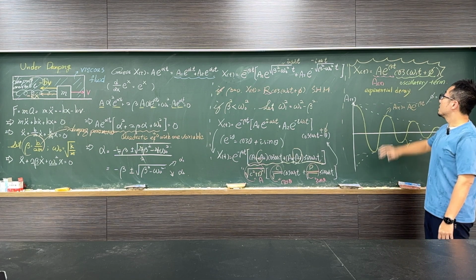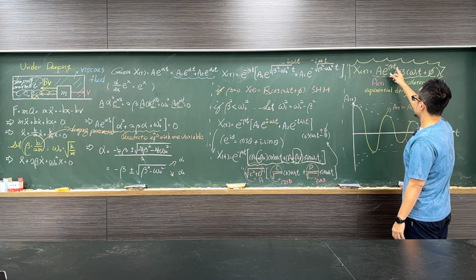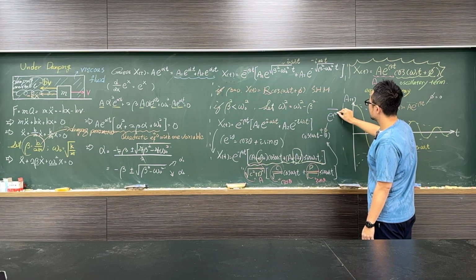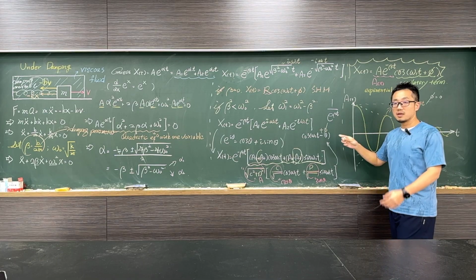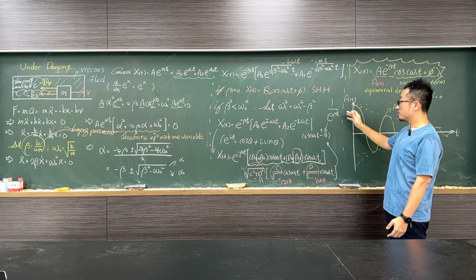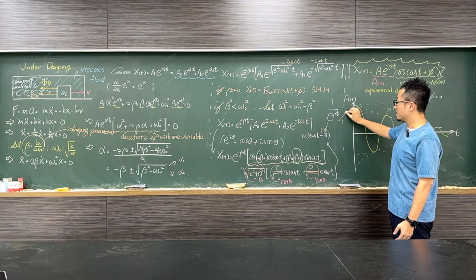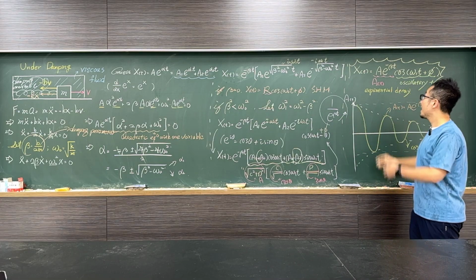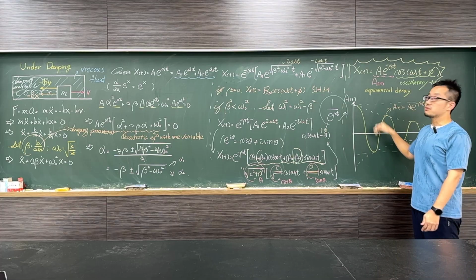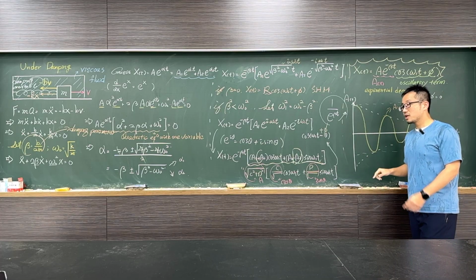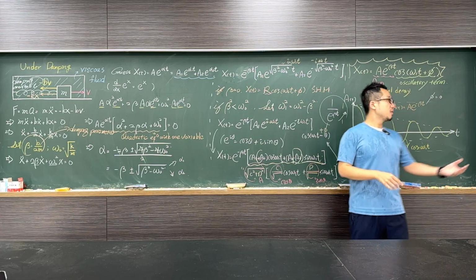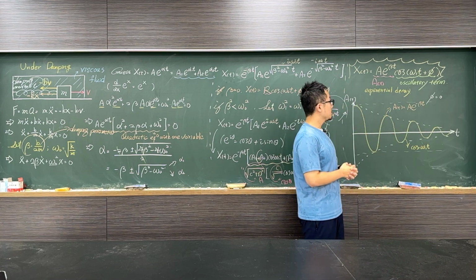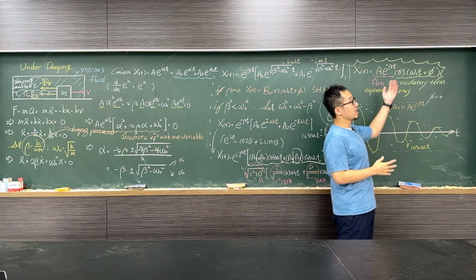As you can see, e to the minus beta t is 1 divided by e to the power of beta t. So as time goes by, the term in the denominator is enhancing, which causes the whole term to decrease. So your amplitude is definitely decreasing as time goes by. If you move long enough, it will stop eventually at some point. But you are still oscillating with the cosine function.